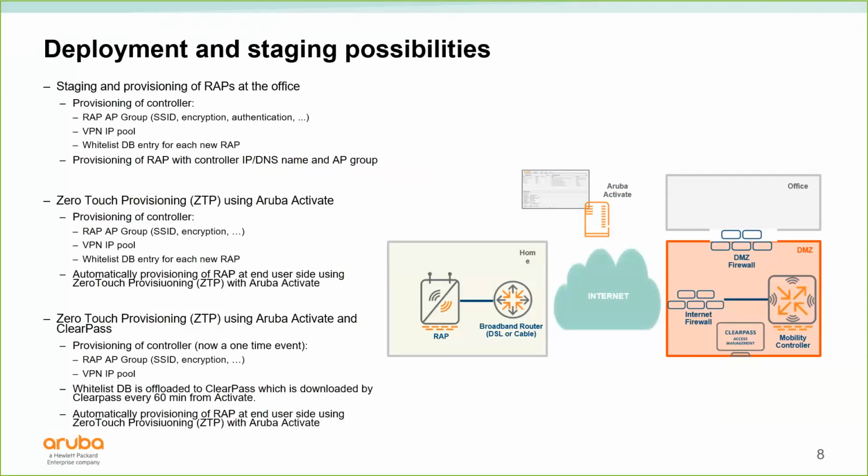Here's the IP address for it. Make your tunnel. The RAP will then form a tunnel to that controller, grab its configuration down, and you're up and running. The end user, the remote worker or teleworker, really only had to plug it in, right? So very simple operation for your workers that might be teleworkers or remote with these RAPs.